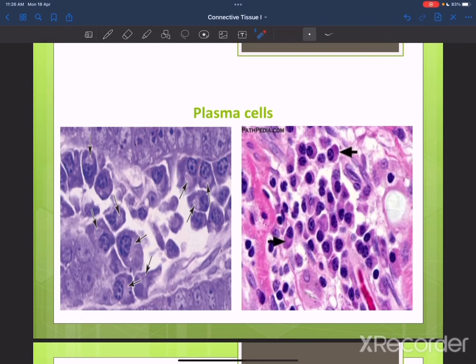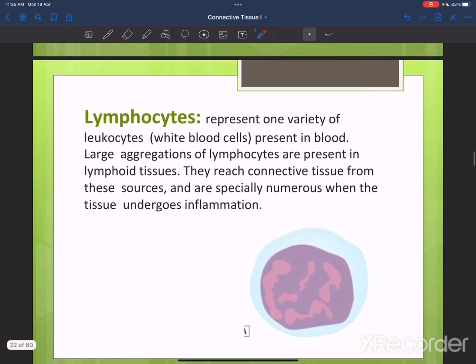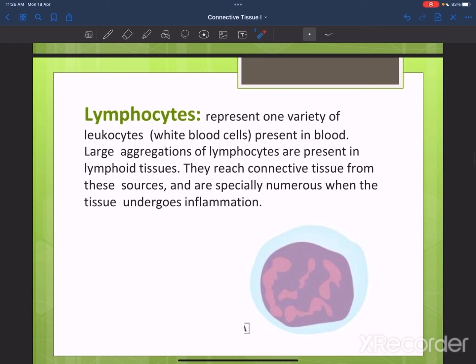Regarding the lymphocyte, as you know, it is part of the immune system and part of the white blood cells, an agranulocyte present in the blood. A group of aggregations of lymphocytes are present in the lymphoid tissue.